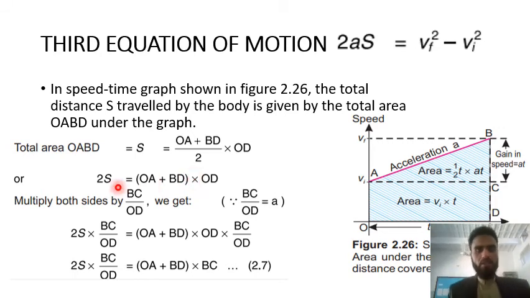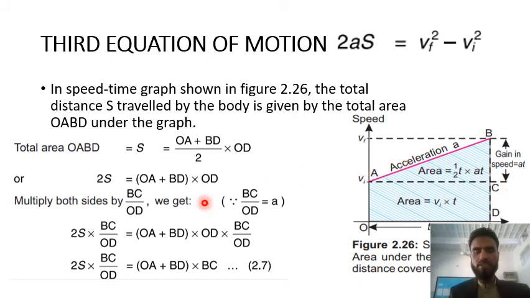Now if we look at the equation over here, this is 2as. Now 2s is here, but there is no a, there is no acceleration. Now we already know that if we find the slope of this, we will get acceleration, and in order to find the slope, it will be equal to BC divided by AC.